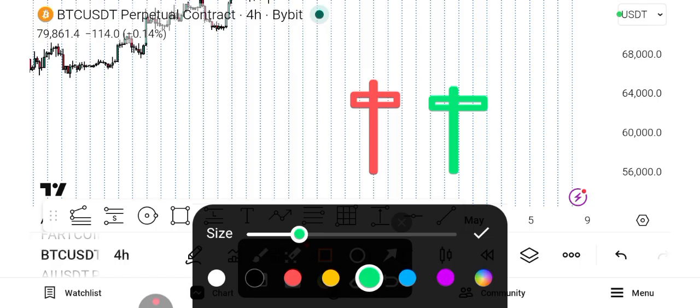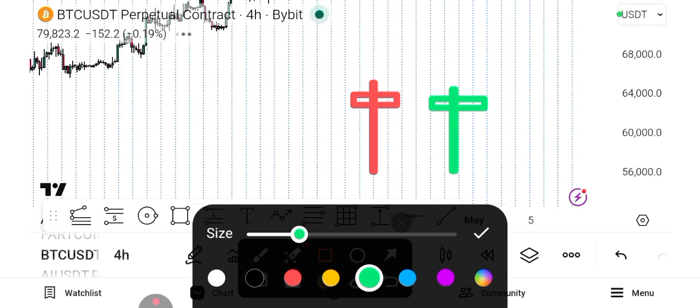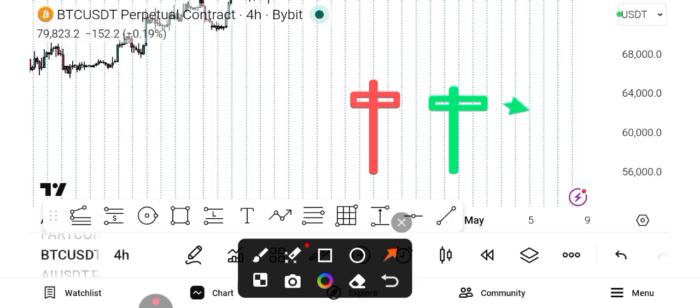the size of the lower shadow must be at least twice the size of the real body. This means that when we carry the real body and place it here, it should be two times of this.